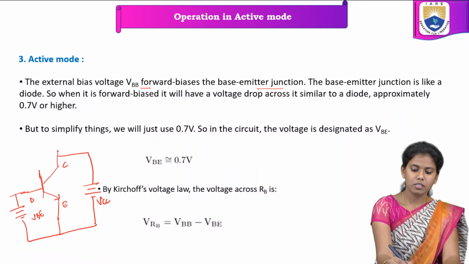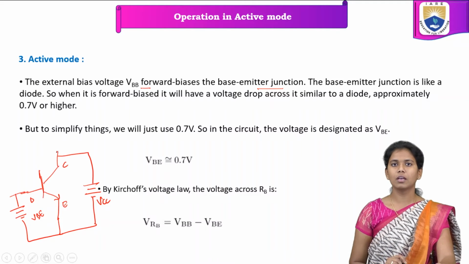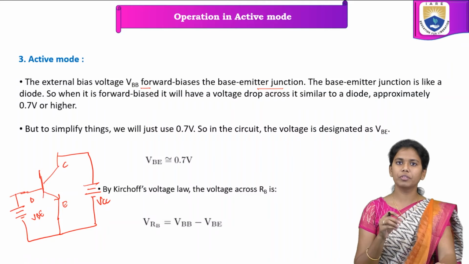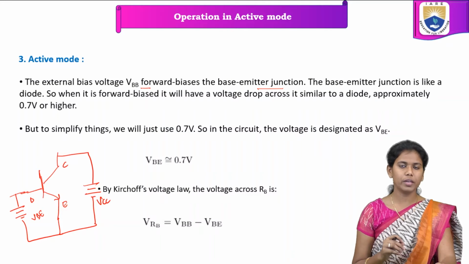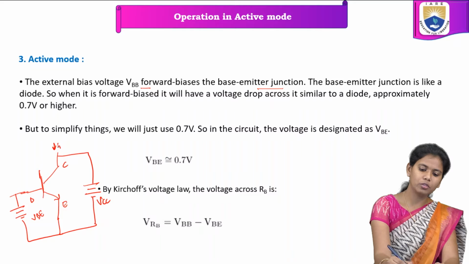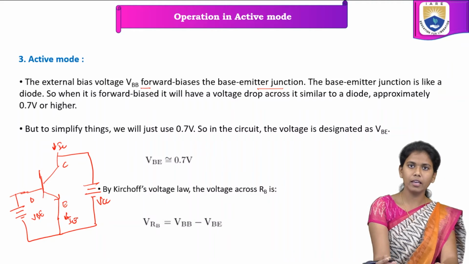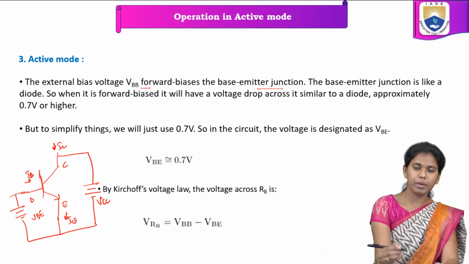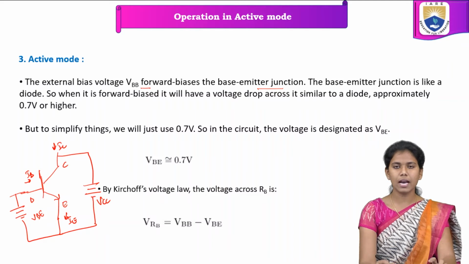Always when you are drawing figures, remember that indicating currents and voltages is a must. It's very important. The current flowing through the collector is IC, through the emitter is IE, and through the base is IB.